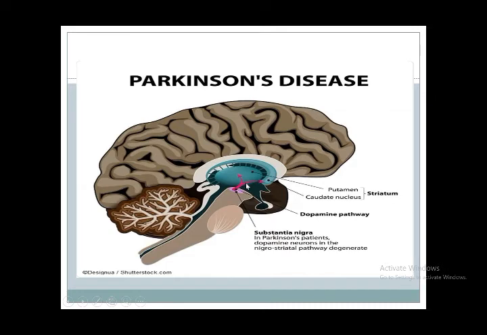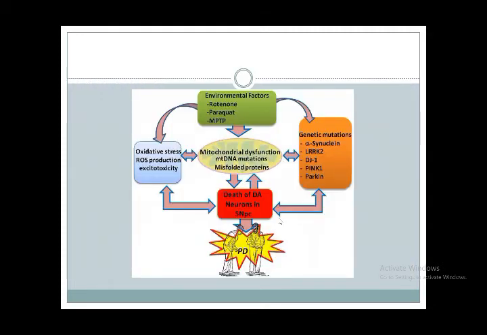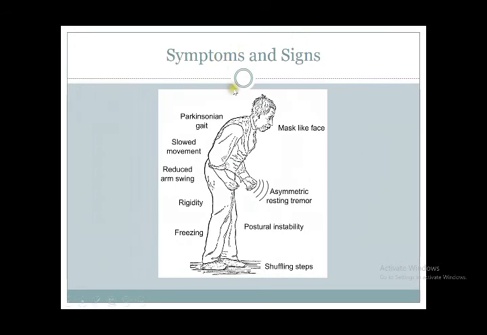So this projection containing dopamine becomes less active when there is dopamine deficiency in Parkinson disease, because of degeneration of the dopamine-containing neurons in the substantia nigra. So overall, the movements will become slow and there will be rigidity and postural instability. These are the symptoms and signs associated with Parkinson disease because of the loss of dopamine-containing neurons in the substantia nigra.